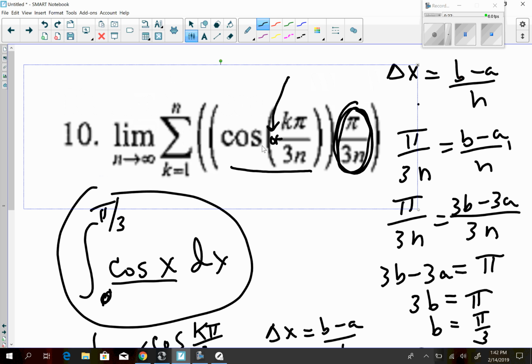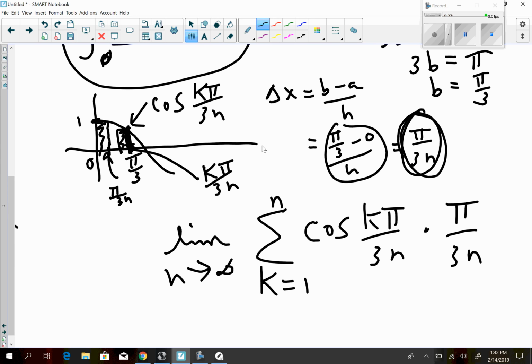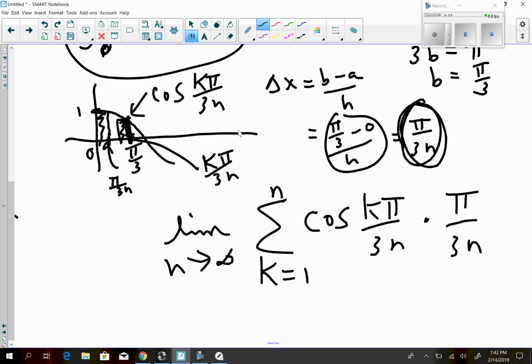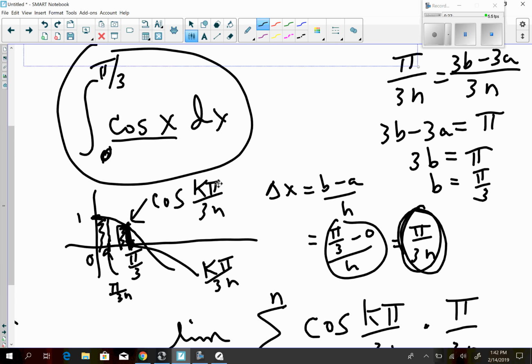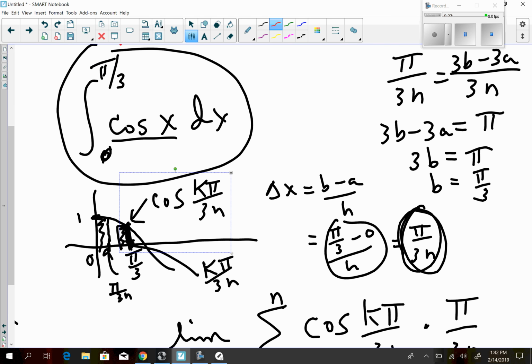Just making sure that what we started with is what's down here. K pi. It looks like a match to me. So the answer to exercise 10 is this right here.